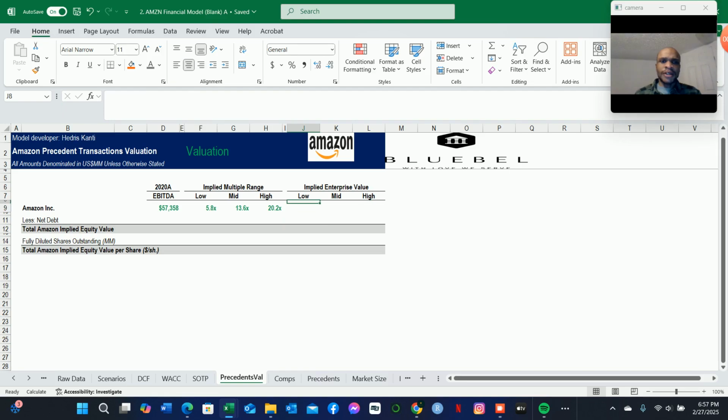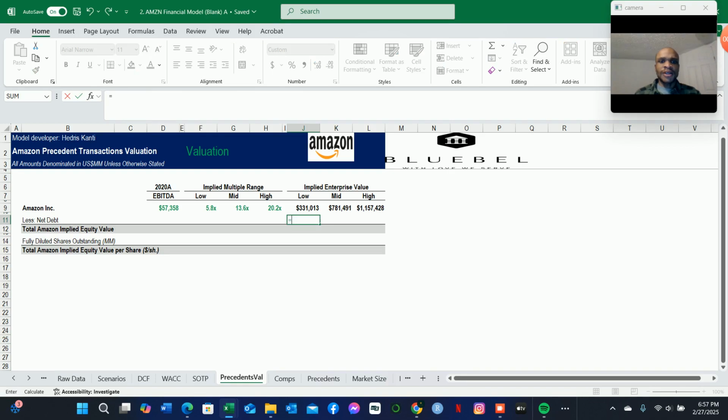Now, in order to estimate the implied enterprise value, it's going to be equal to, we take EBITDA, reference with F1s, and we multiply that by the implied multiple range. You can fill this right to the implied enterprise value for the high. So we have that set up there. Now, in order to determine the total implied equity value, as we know, we have to deduct the net debt.